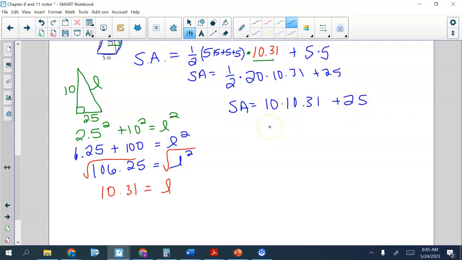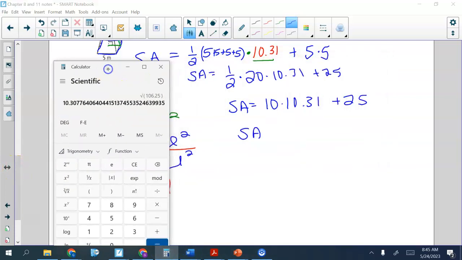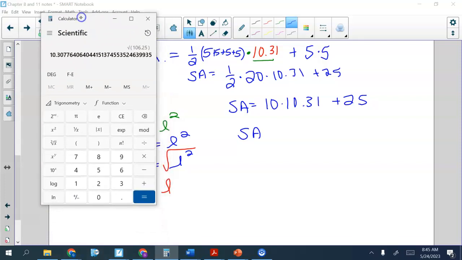I'm just simplifying it a little bit as we go here. So if I pull up my calculator, I could take that original number I had, if you want to leave it as the best approximation, and take it times all this stuff over here. So times 20 times 1/2, and then plus 25.